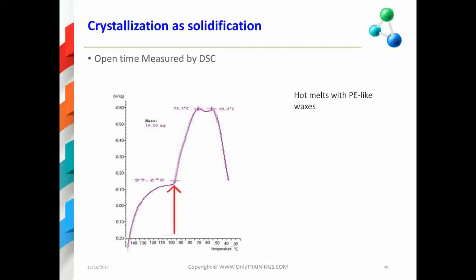You can make a regression line, and you will see that it gives you a good prediction of the open time of a polyethylene type of hot melt with a polyethylene wax inside.